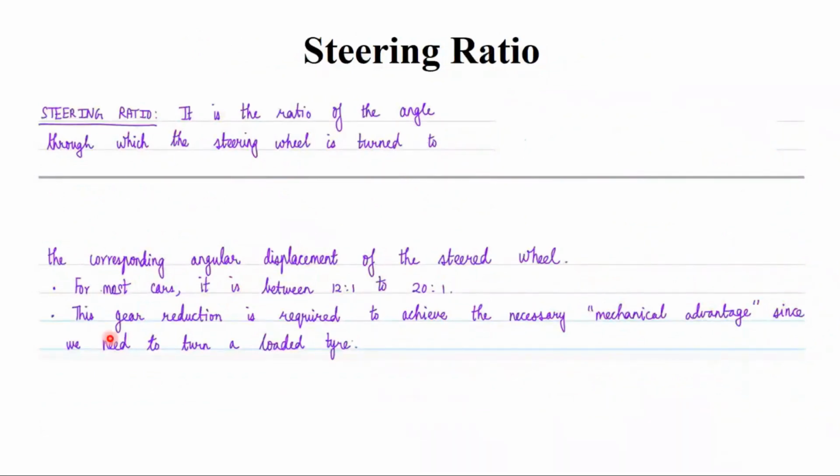And why is this gear reduction required? Because it is important to achieve the necessary mechanical advantage, since we need to turn the loaded tire. The tire is getting loaded, right?